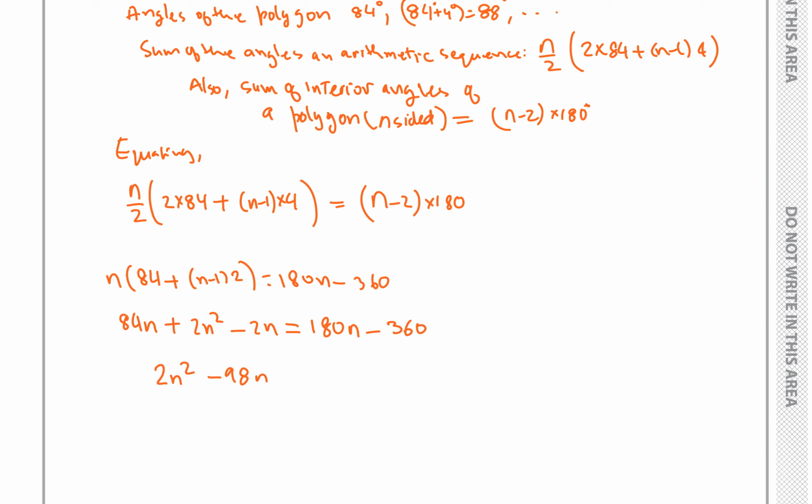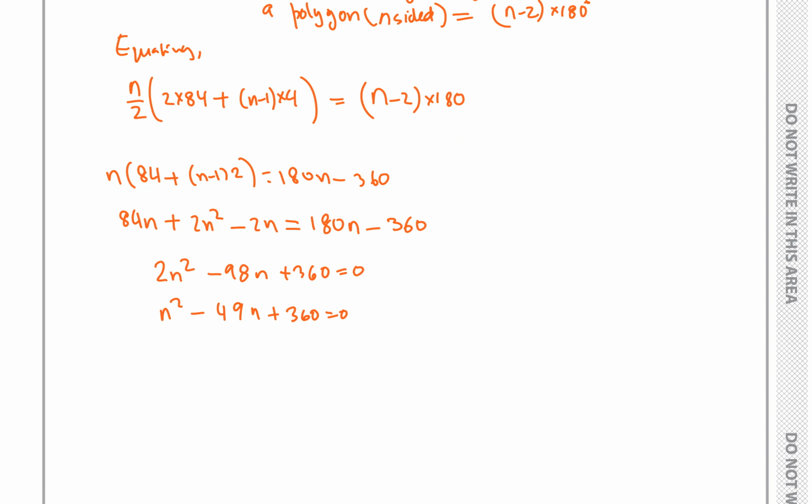This is a calculator paper, so I'm using everything. So 2n squared minus 98n and then plus 360 is equal to 0. I can simplify this further: n squared minus 49n plus 180 is 0.